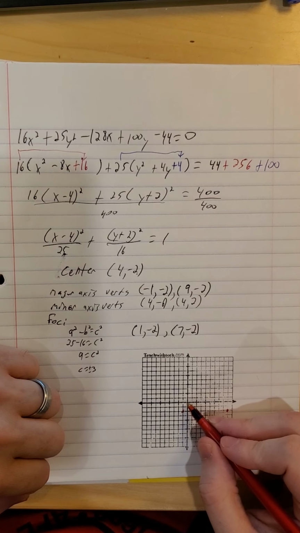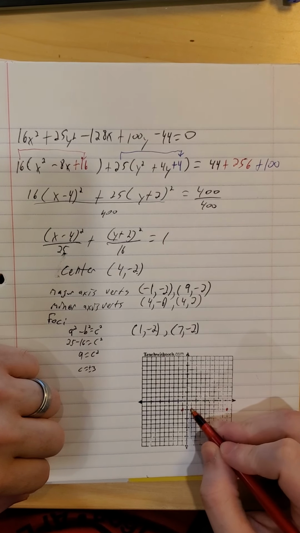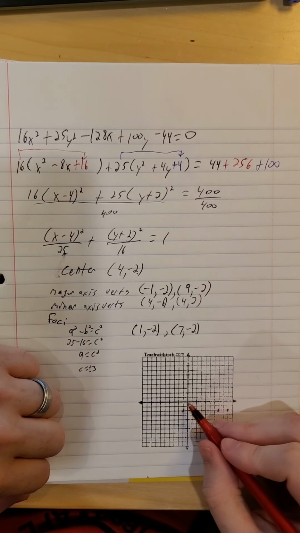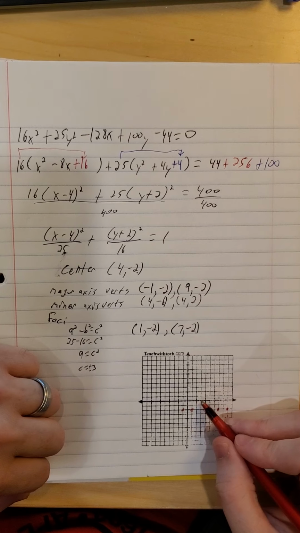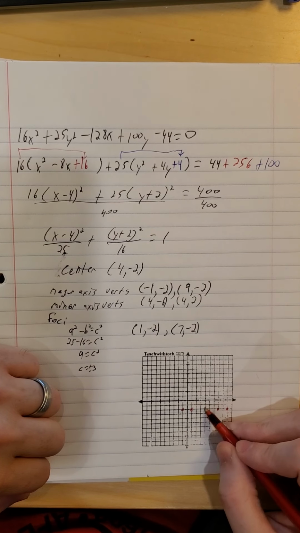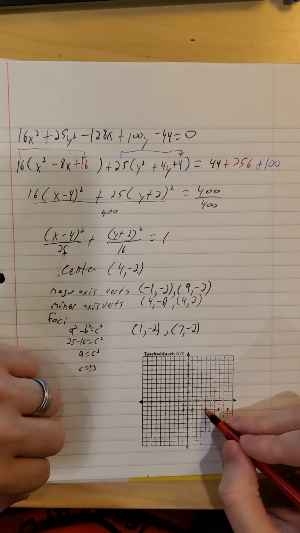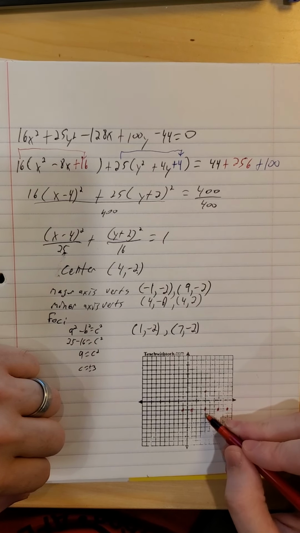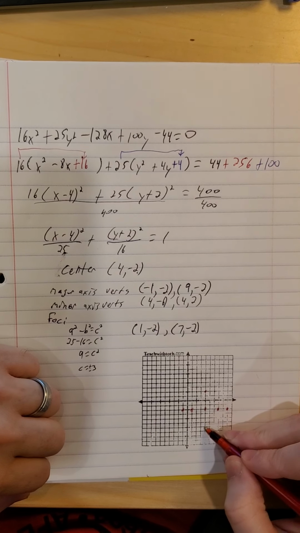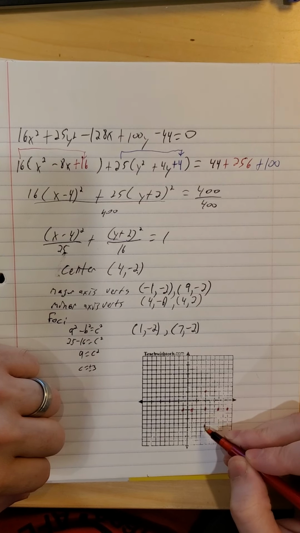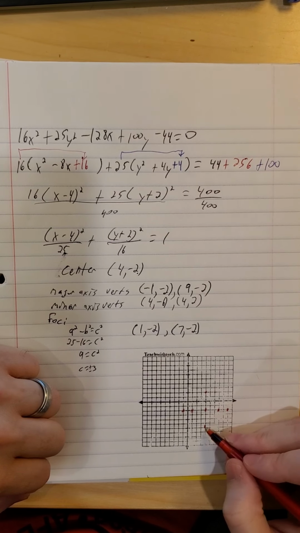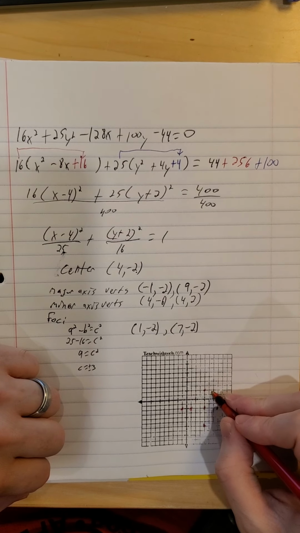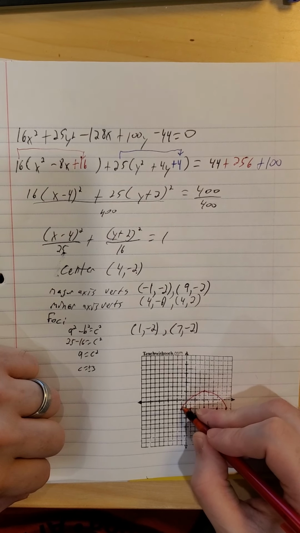Foci at 1, negative 2, and 7, negative 2. Center here at 4, negative 2. And move up and down 4 units for the minor axis vertices. So there's our 4, 2, and 4, negative 6. And then we just connect these guys up with a smooth curve.